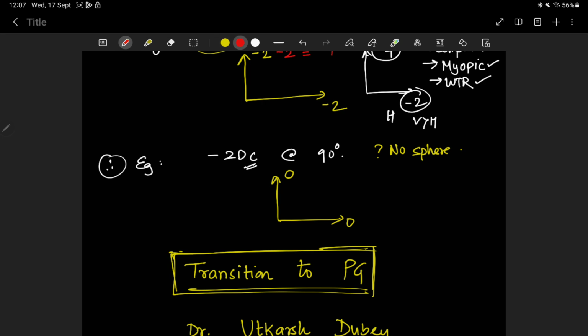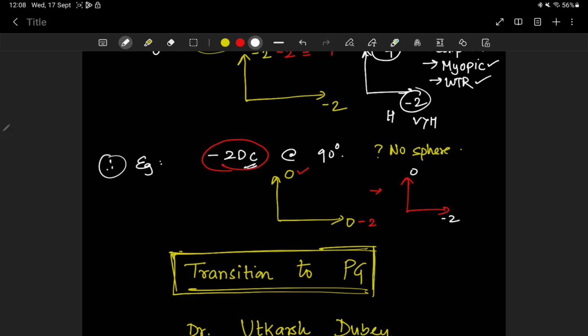Next up, -2 diopter cylinder at 90 degree. At 90 degree, that means the power will act at 180 degree. So you have to add -2 diopter there. So the final picture will be like this: you will get 0 above and -2 below.